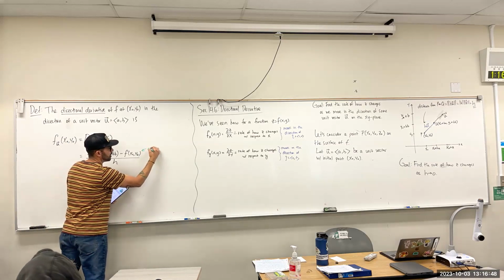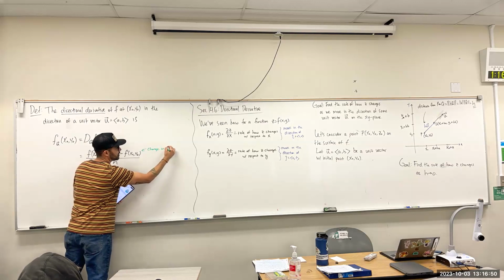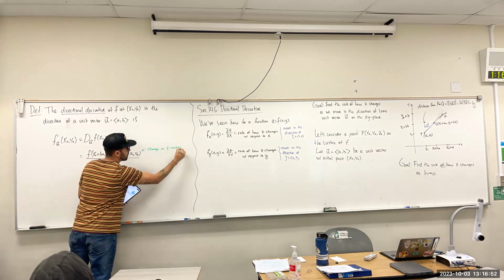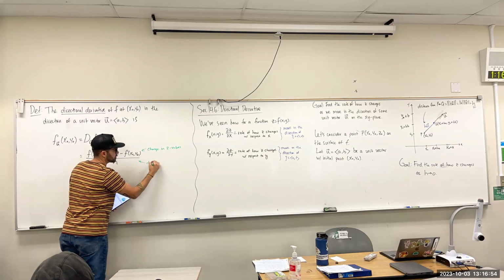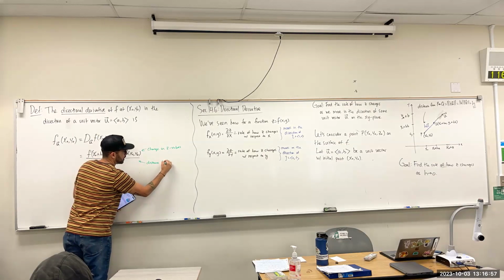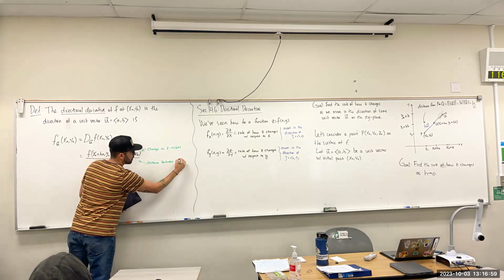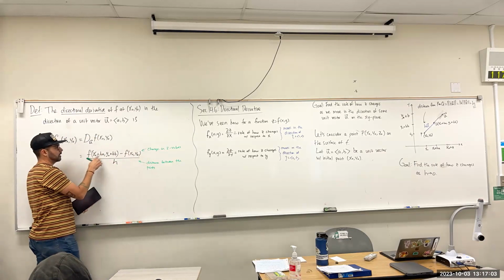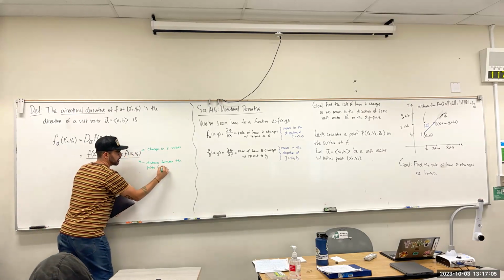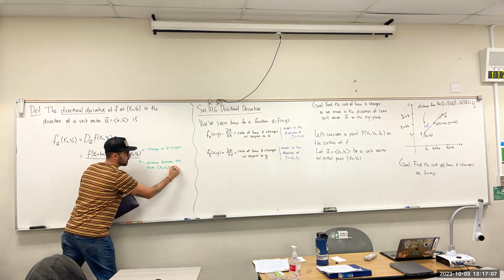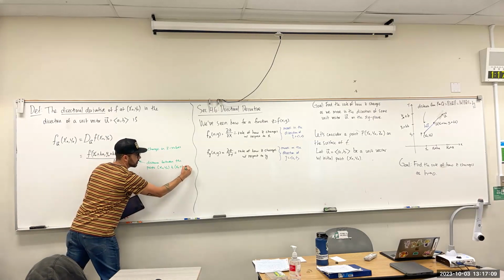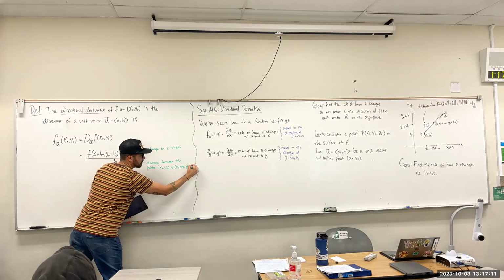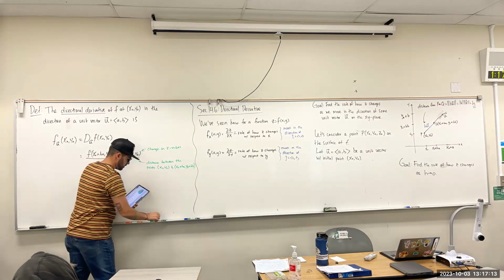So this is the change in z values with respect to the distance between the points given by these two coordinates, x naught, y naught, and sorry for making you write all this. Welcome to Calc 3.